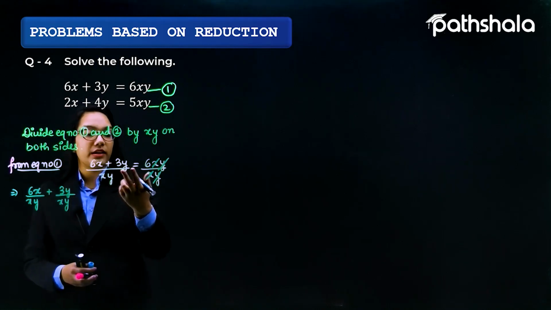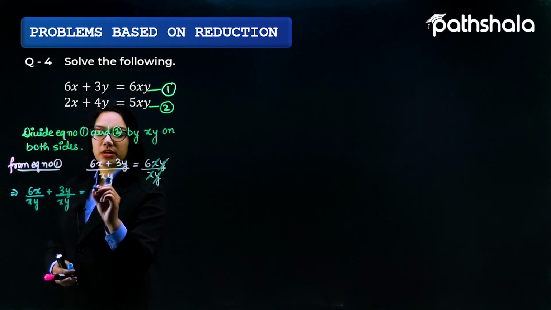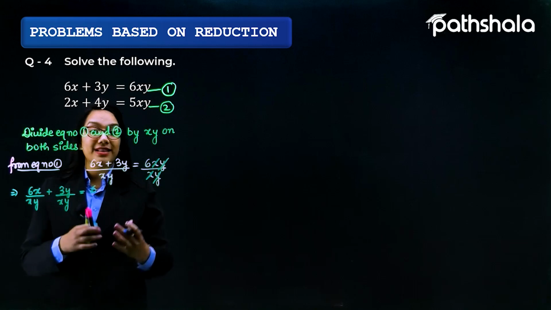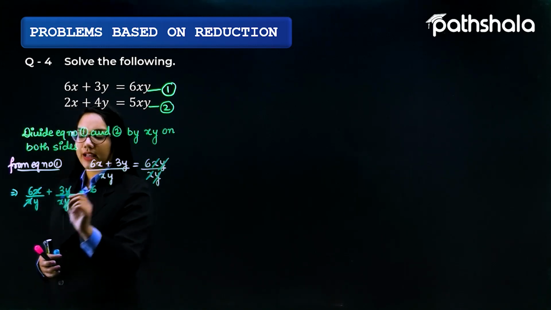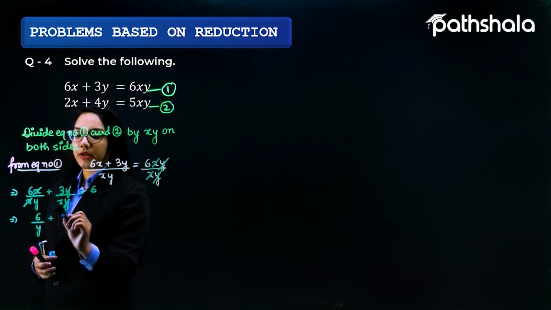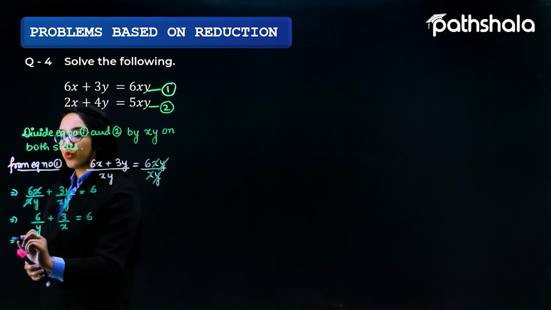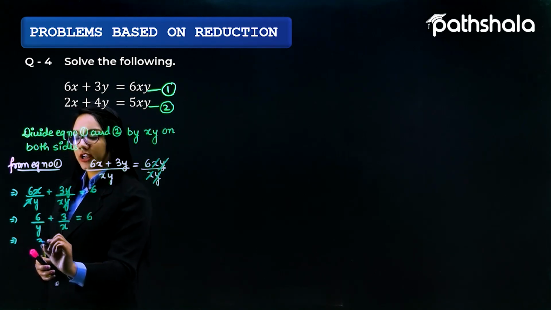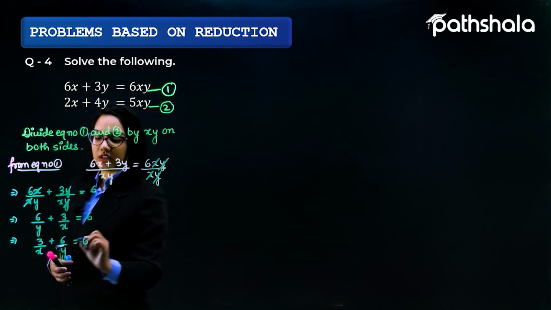Obviously, we can write this particular p by q formation into this form, which is equal to 6. Again, we can cancel the values as x and x get cancelled with each other, y and y get cancelled with each other, and we are getting 6 by y plus 3 by x, which is equal to 6. And if I am rearranging it, we will get the equation as 3 by x plus 6 by y, which is equal to 6.